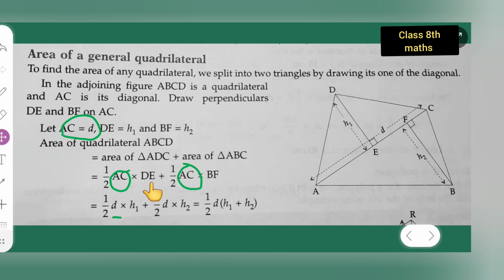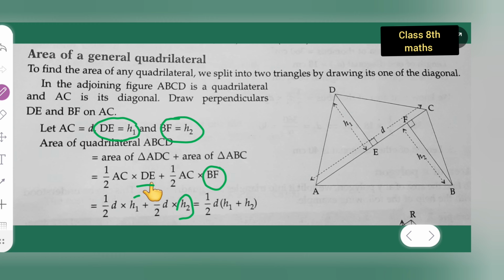And DE is h1, so substitute this value. And BF, you got h2, because we are substituting the values of DE, which is h1, and BF, which is nothing but h2.